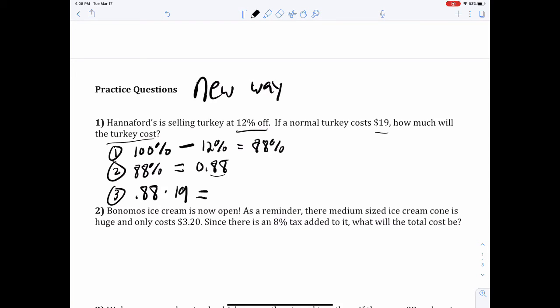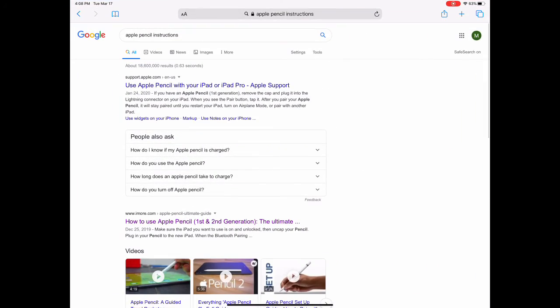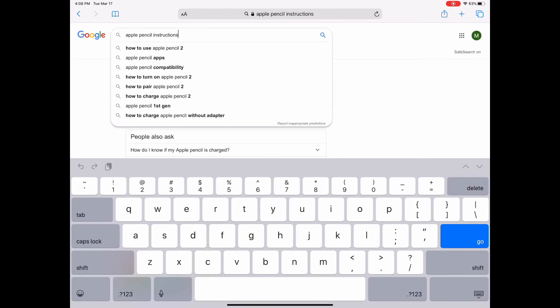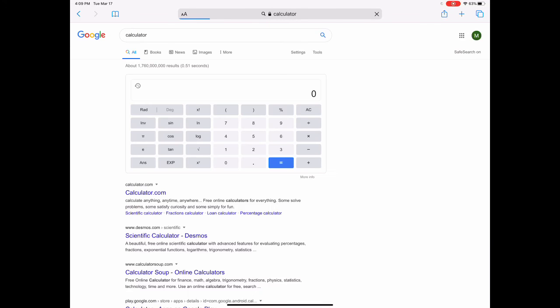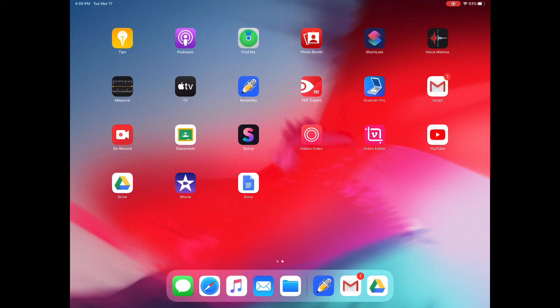You can go ahead, go to your calculator. If you don't have a calculator, again, Google should have one. And you can type in 0.88 times 19. You get 16.72.